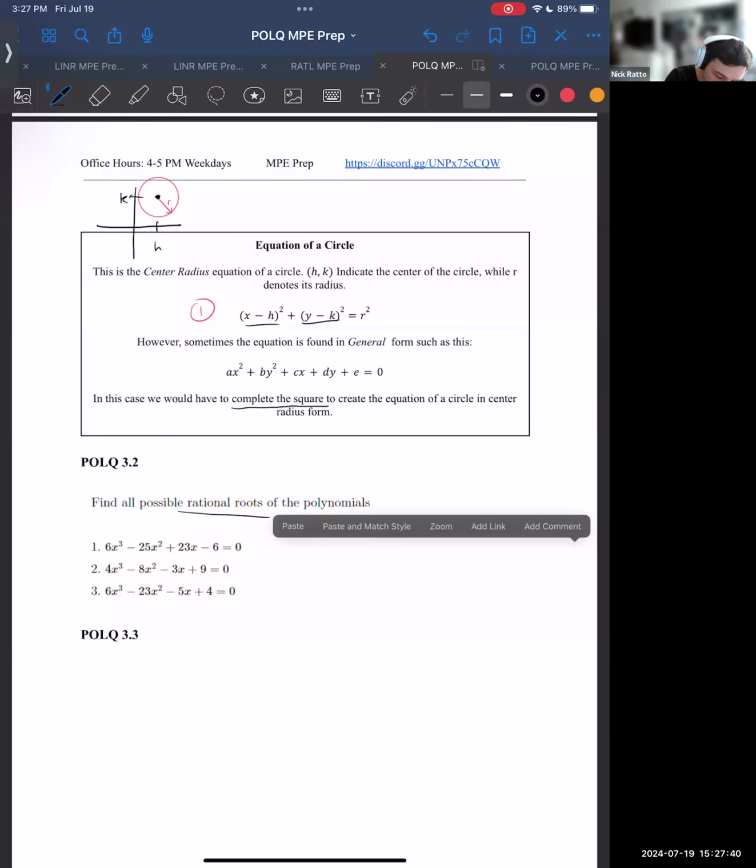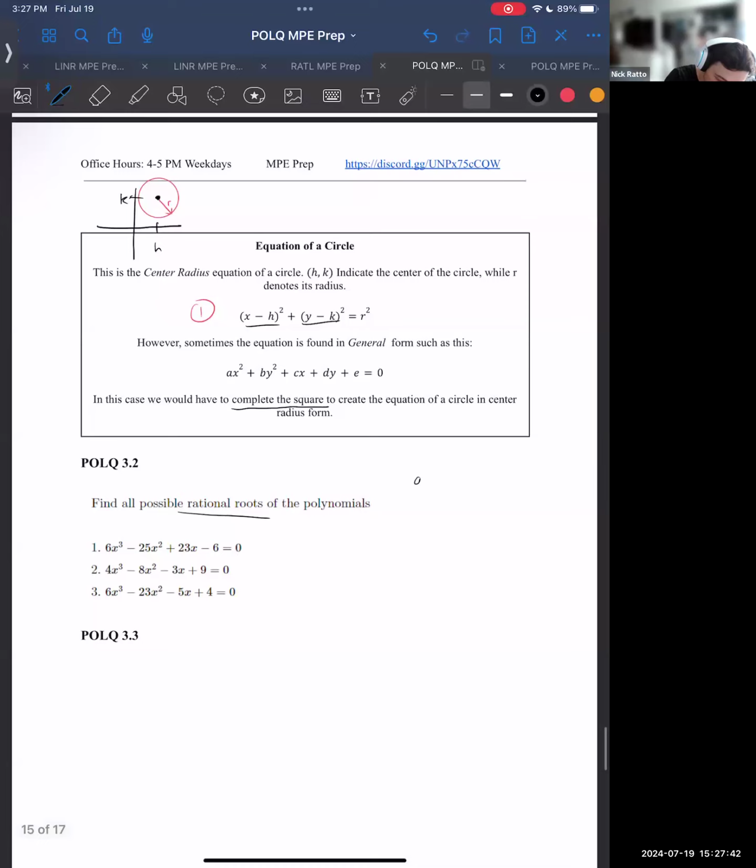And recall what the rational root theorem is saying is that all the possible rational roots are all the possible plus minus combos of factors of a naught over factors of a sub n.